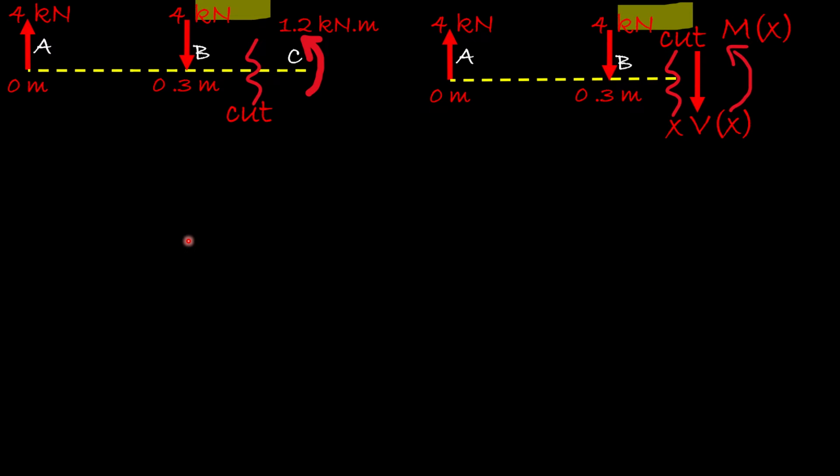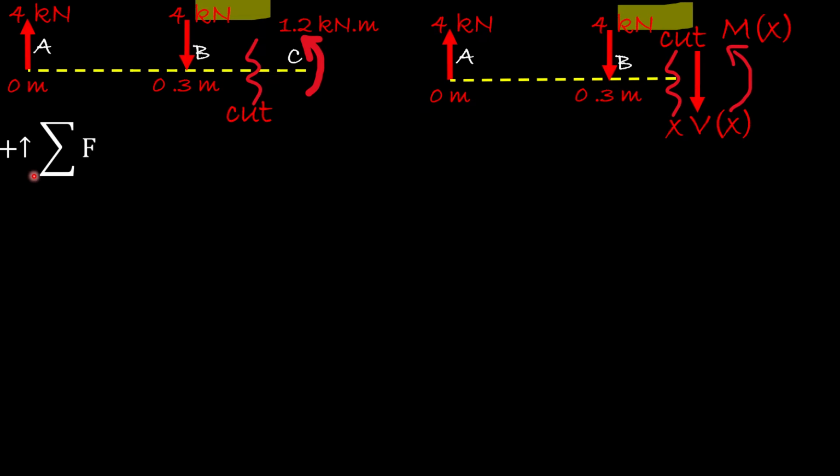Next, we will make a cut in the other portion, which is B and C. So that's what we're gonna do on the right side in here. We start from the 0 meter, go all the way to B, then we take an arbitrary length x from B, and then we will make a cut, and our goal is to find the internal net shear force as a function of x and the internal net moment as a function of x, where this x is between 0.3 and 0.6.